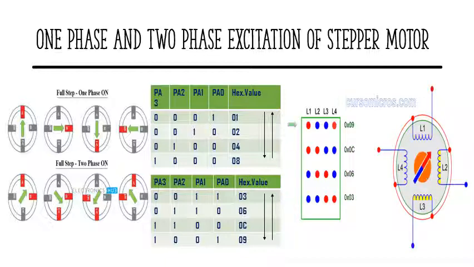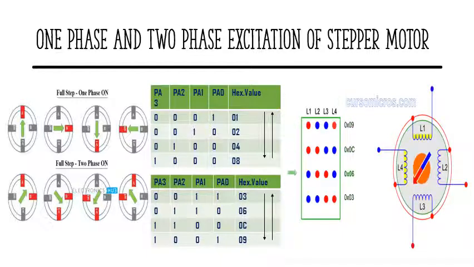The excitation sequence for one-phase excitation is given in the table, and the single-phase excitation results in low current through the motor winding. This is also called wave mode. The excitation sequence for two-phase excitation is also given in the table. In two-phase excitation, the excitation current through the motor winding is high.